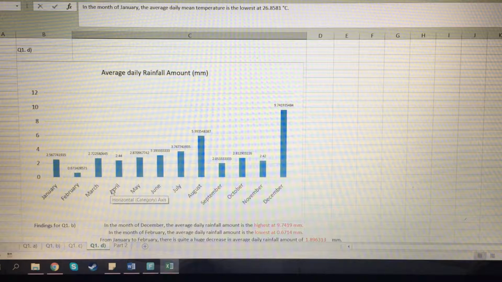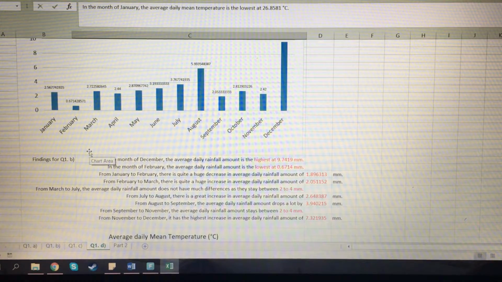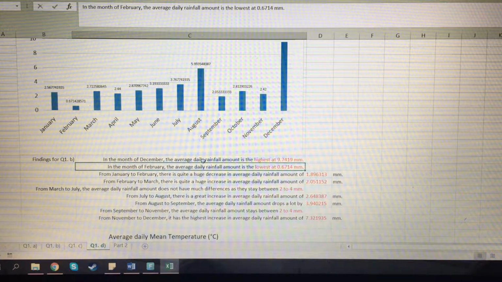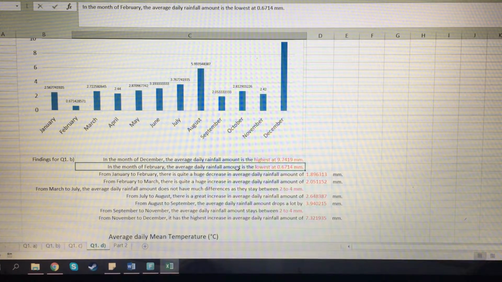For part 1 question D, I did the findings for question B by talking about which month has the highest average daily rainfall amount and which month has the lowest.